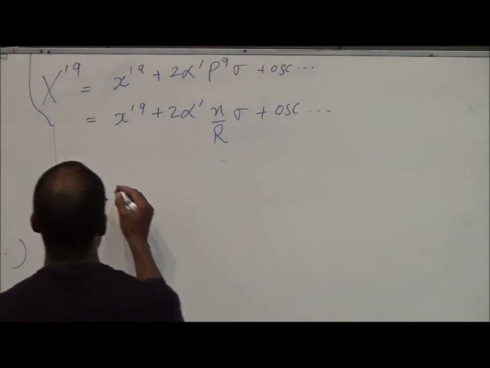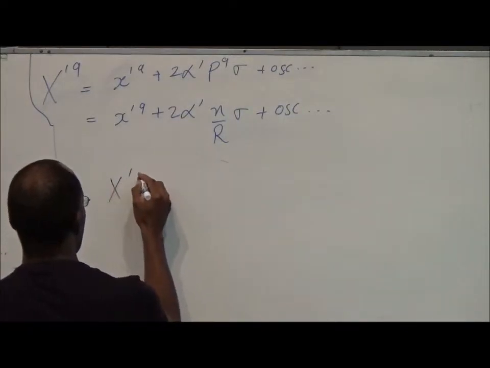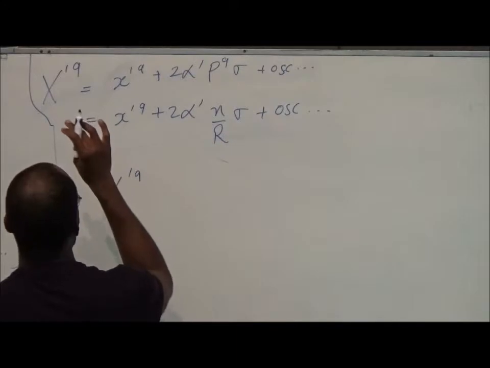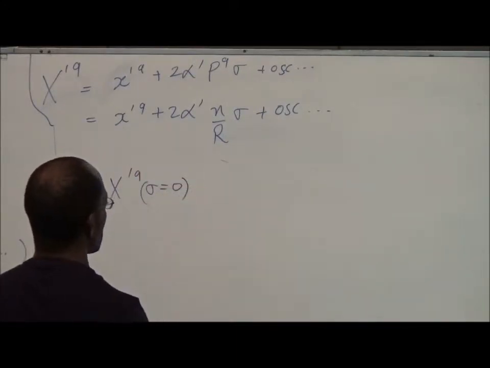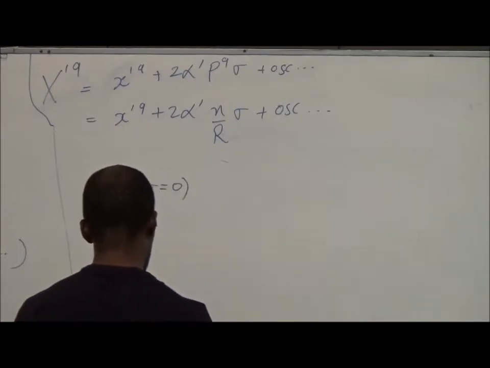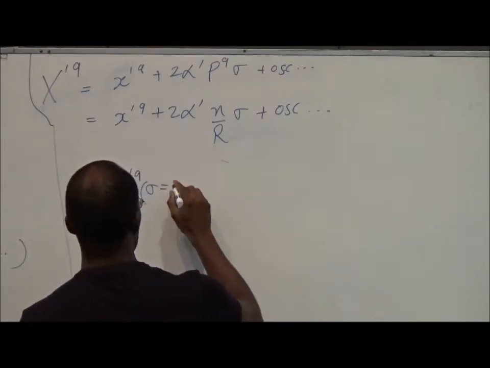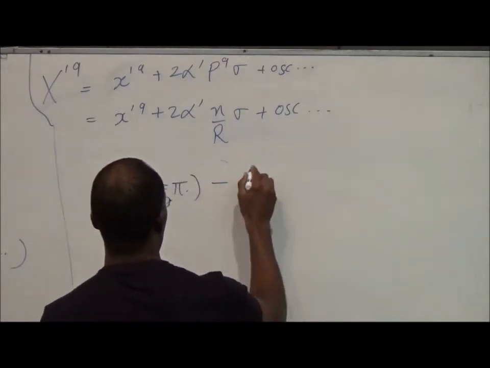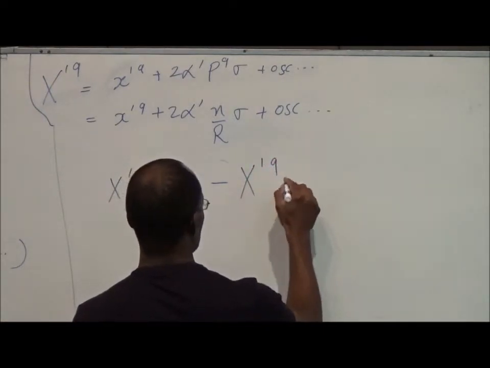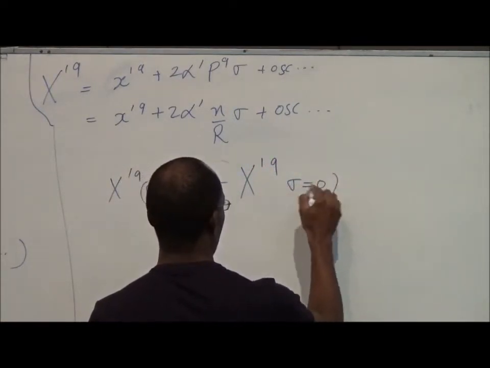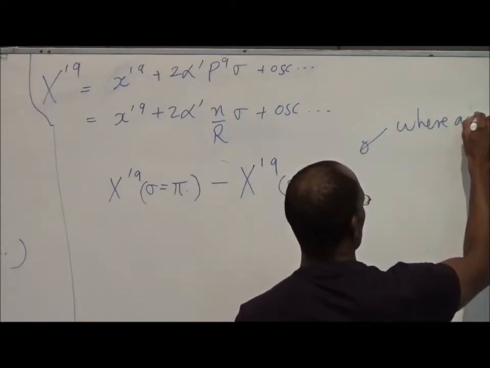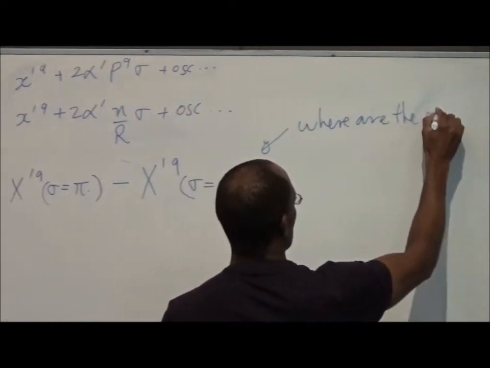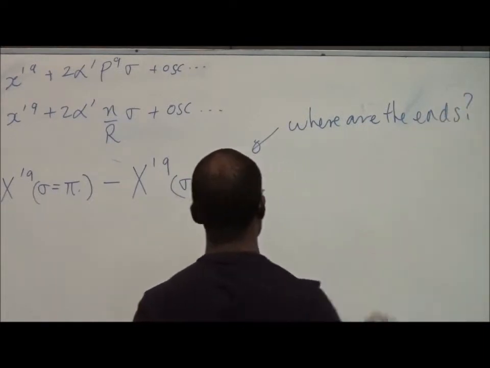So let's ask that question. X prime 9 at sigma equals 0. It's not something we can look at. Let's just worry about the difference, because that's the important thing. This is where the ends are.